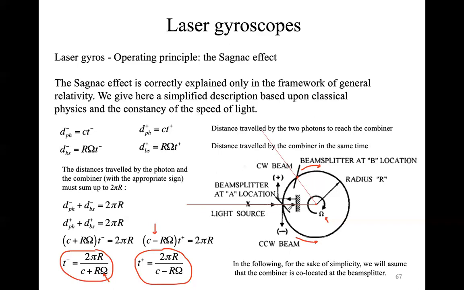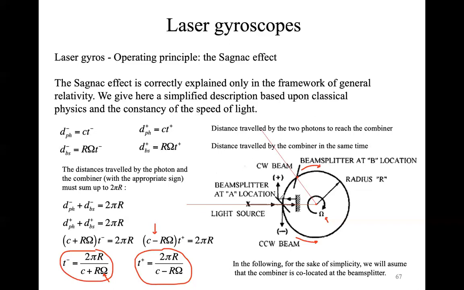So if everything is still, we assume that at the beam splitter you also have the detector. So the two beams are moving, one in the clockwise direction, the other one in the anti-clockwise direction, and they are going to move with a velocity equal to the speed of light.